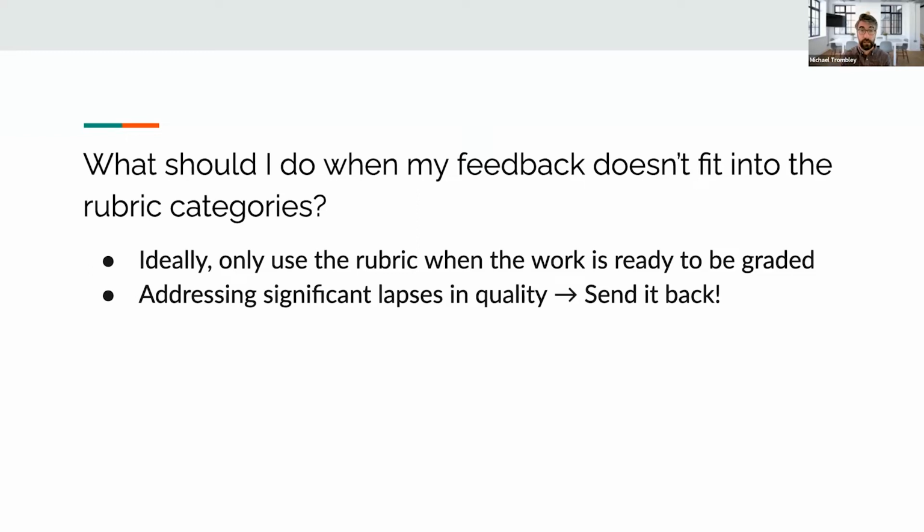So professional writing, right? Something, elaboration on points or arguments. If those aren't explicitly stated in the rubric, they don't necessarily have to be, but it's sort of the expectation we have of graduate students. And if they're not meeting those expectations, just send it back.